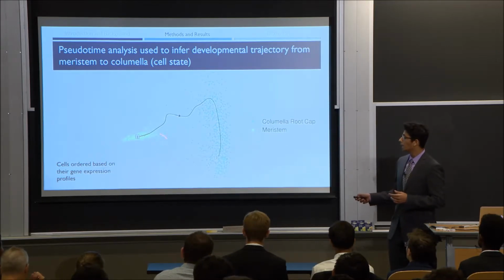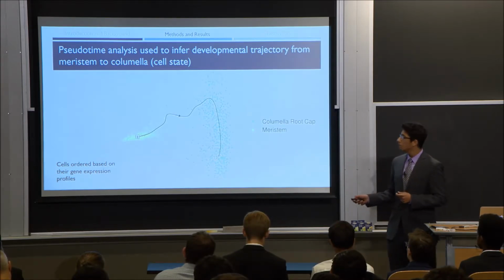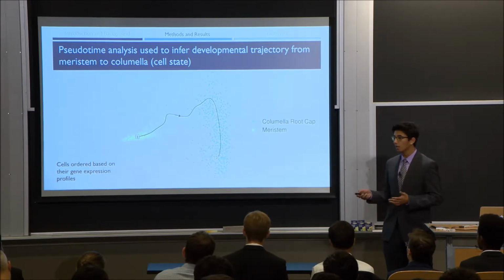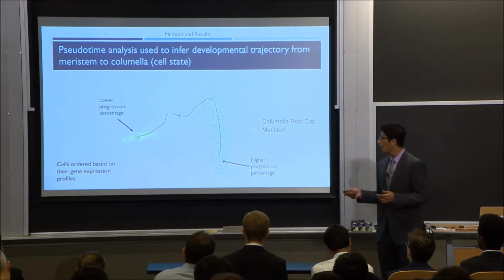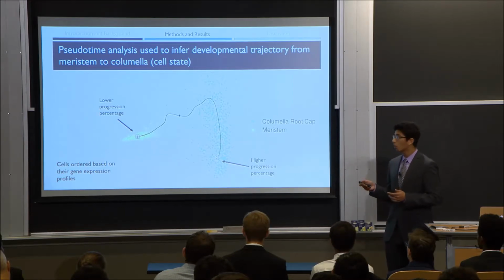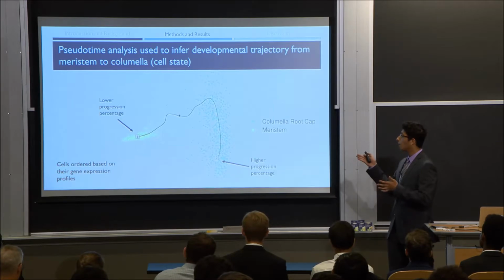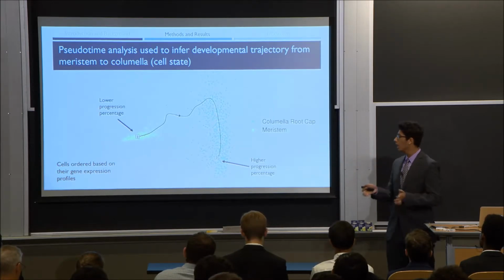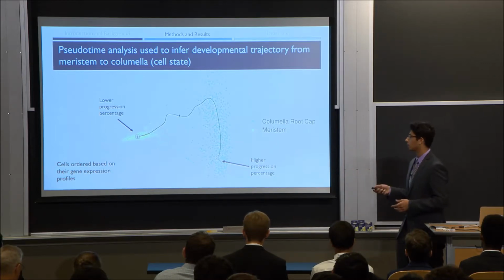We get them at one end of the trajectory, and at the other end, we get the columellar cap cells. So now, why does this define cell state? Well, it's because this dyno package, which was used to do this pseudo-time analysis, actually gives a progression percentage for each cell along this trajectory, where lower progression percentages are indicative of cells being earlier along that trajectory, and higher percentages are indicative of cells being towards the end of the trajectory.